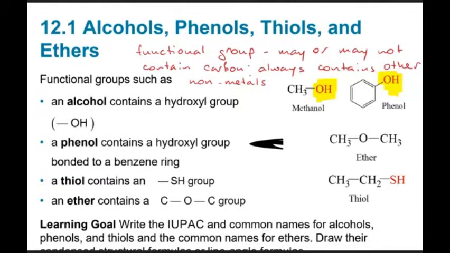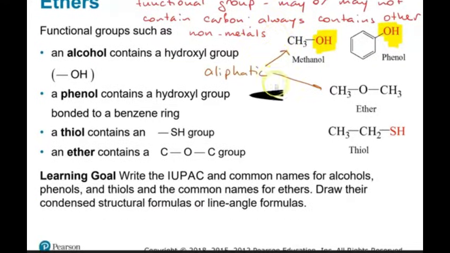Compounds that do not contain aromatic cycles, like benzene and others, are called aliphatic, okay? I'm going to put the spelling here. So these guys will be aliphatic, is opposite to aromatic, okay?